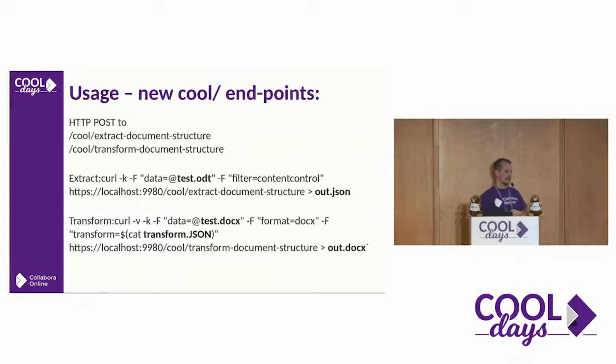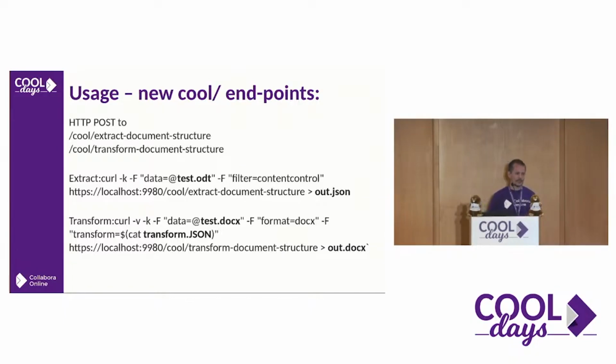And here I wrote two examples of how we can call the extract and the transform. It's very similar to the convert-to API. The difference is the parameters and the result.